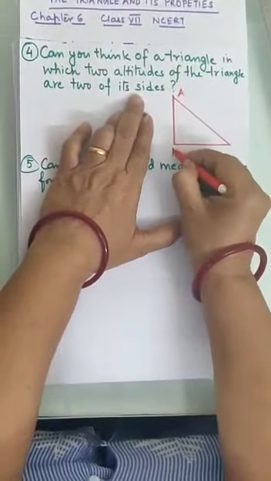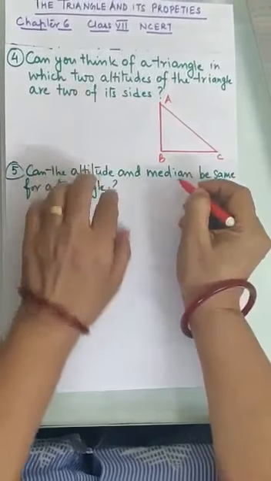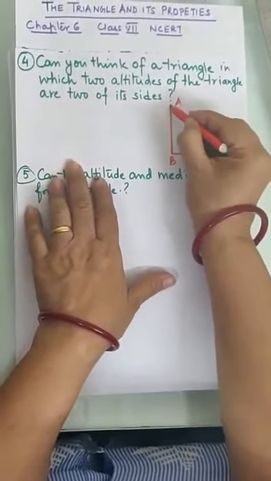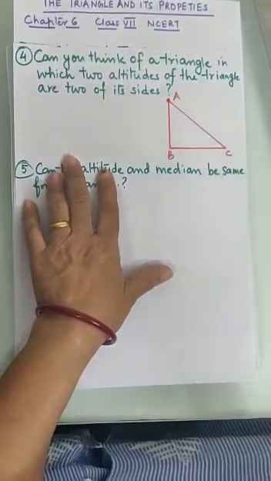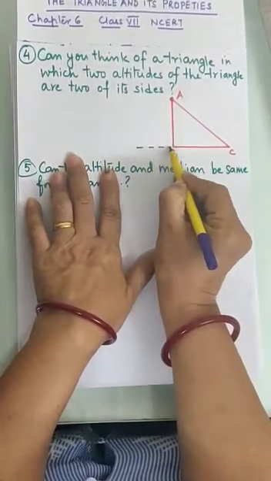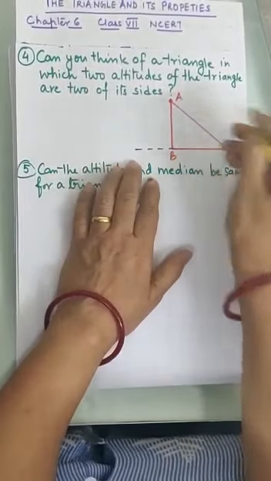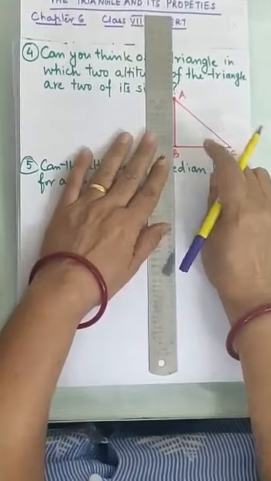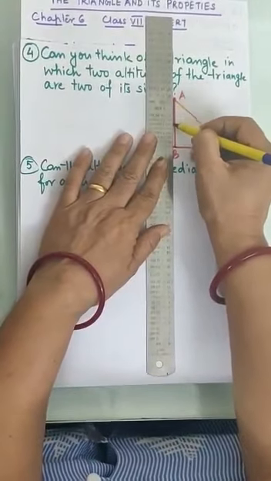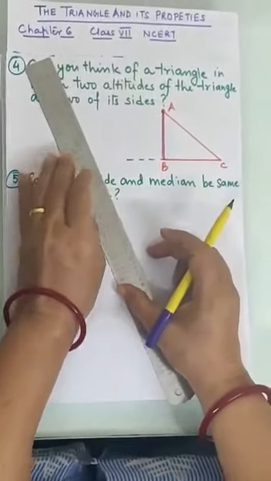A, B, C. Now if I have to draw an altitude from A to this BC, what we will do? We will extend this BC, and when we are drawing altitude from A means from A we draw perpendicular like this. So this is one side.